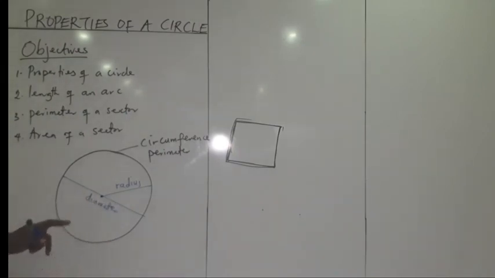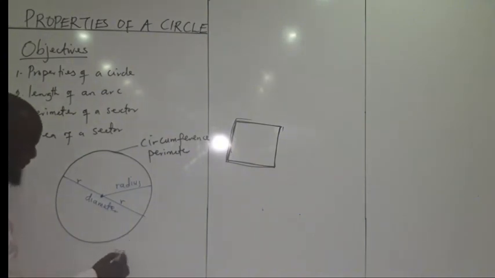One thing you are going to notice here is that the diameter, if you draw this line, if you join it from here to here, this is one radius, and this is another what? Radius. Meaning that two radii give one diameter. The plural of radius is what?